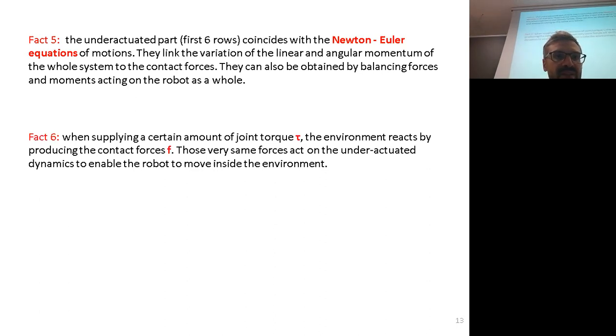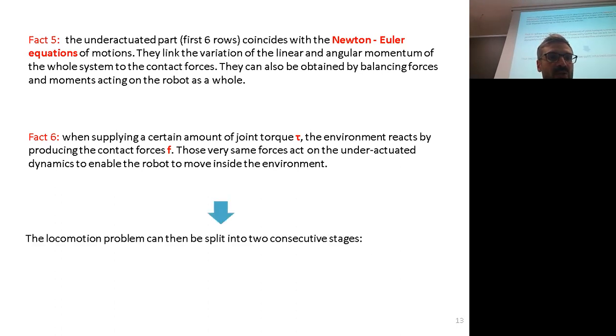And the final fact is that if you supply a certain amount of torque, as we saw, the environment reacts by producing a contact force. And this contact force acts on the underactuated dynamics of the system, on the robot base, enabling the robot to move around the environment. So the locomotion problem can be split into 2 consecutive stages.